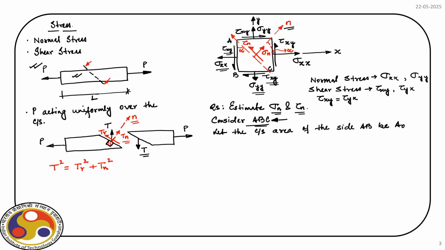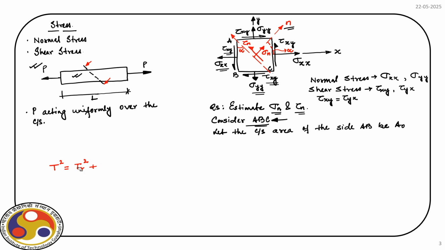Now, if we draw the forces acting on this wedge before we invoke equilibrium equations to solve this problem, right. So, let us quickly draw, so that's A, B and C.